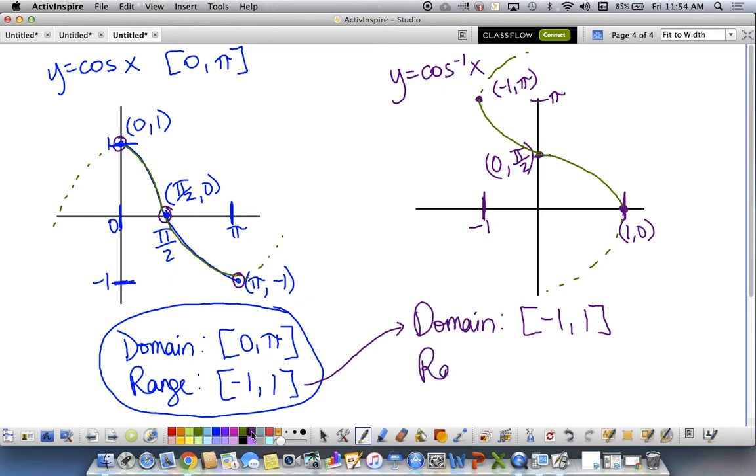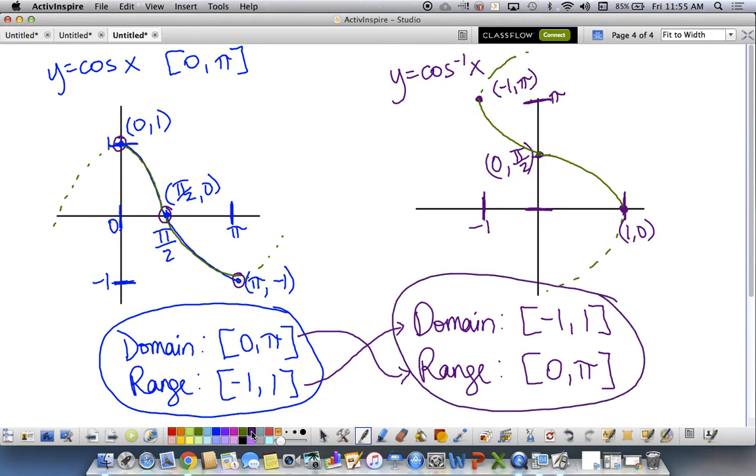And the inverse range will simply be the original's domain. So the range will be from 0 to pi. That will always be the inverse cosine's domain and range. Some things you're just going to have to memorize in this lesson. Okay?